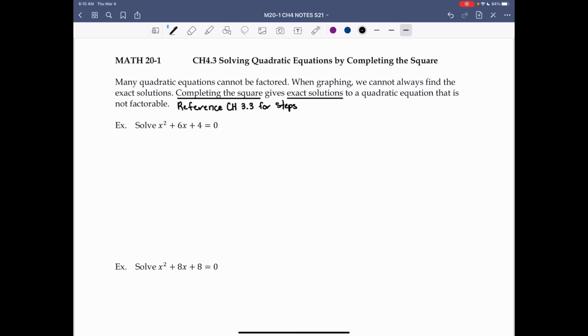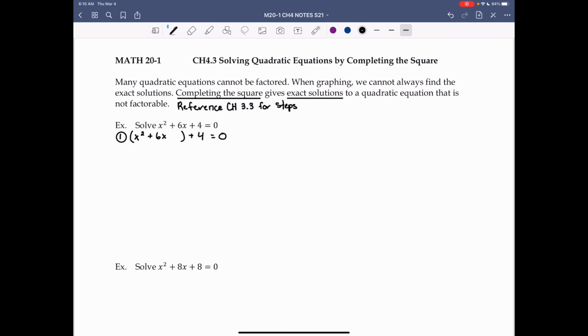So to complete the square, step 1, we group the x squared and x terms together, so we get x squared plus 6x, leave a space, close the bracket, put the constant outside, equals 0. Step 2, that's where if there's a number in front of x squared, you factor it out, but this is just a 1, so we don't have to do anything.